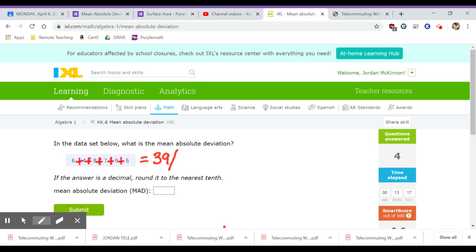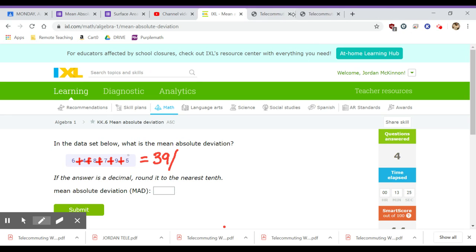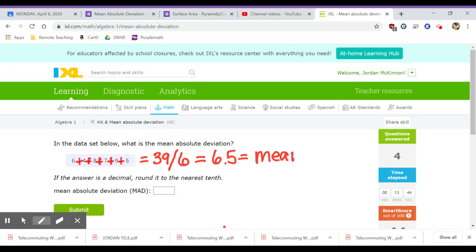I need to divide that by 1, 2, 3, 4, 5, 6. I keep doing that next step. Oh, here I am again. I need to divide that by 6. And that's going to give me 6.5. So my mean is 6.5.